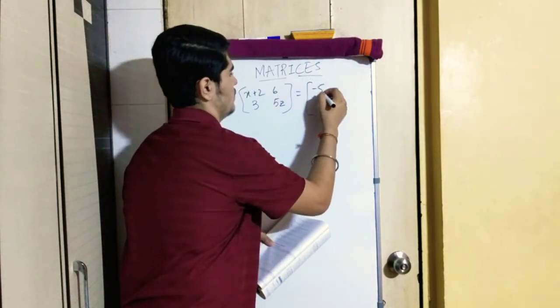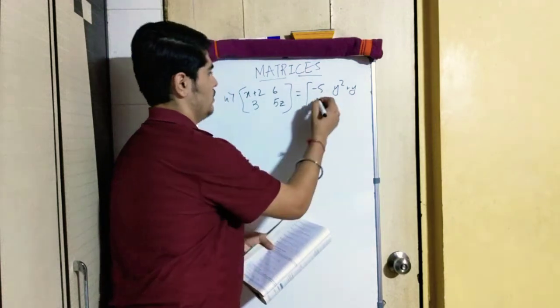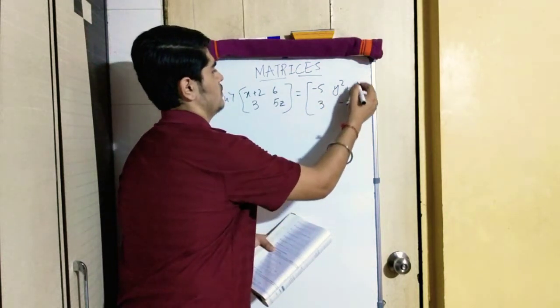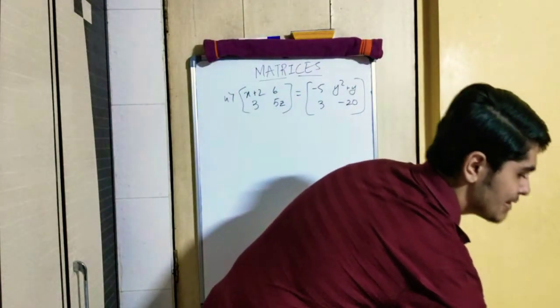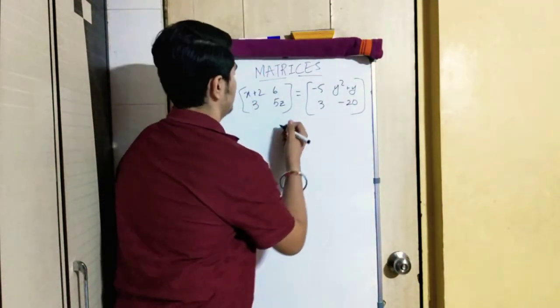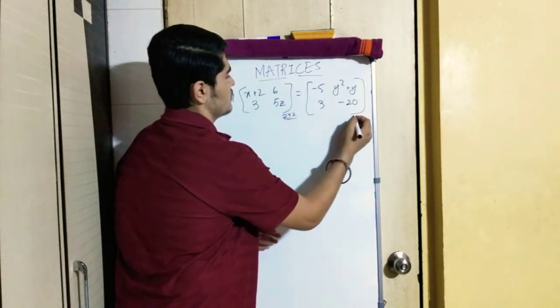Minus 5, y square plus y, 3, minus 20. So this is also 2 into 2, this is also 2 into 2.